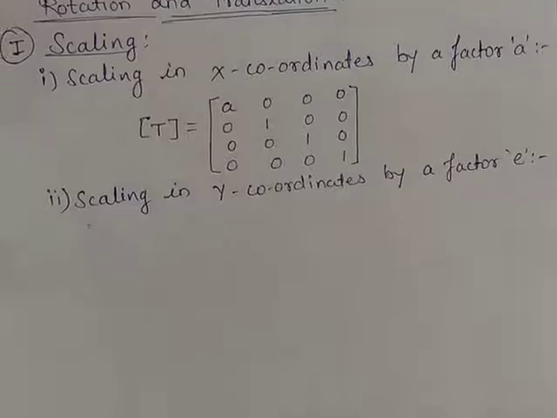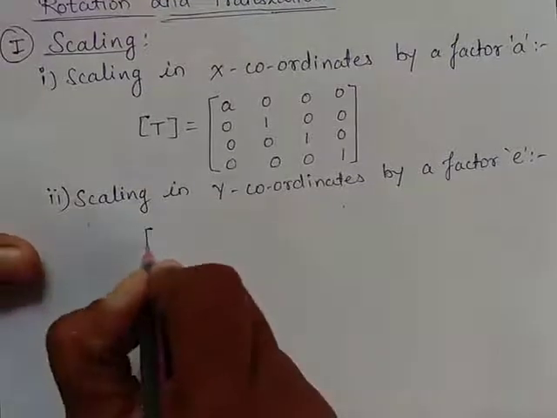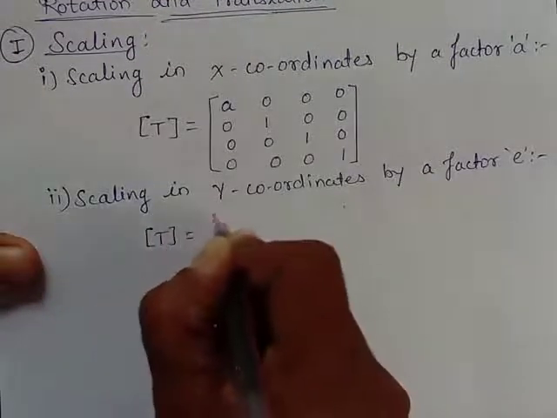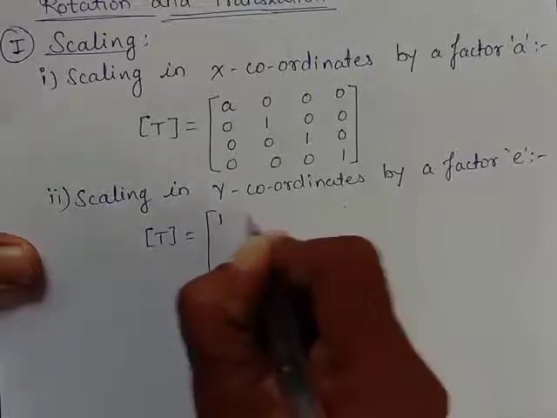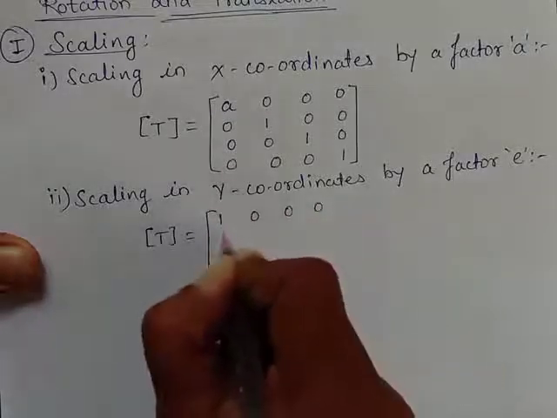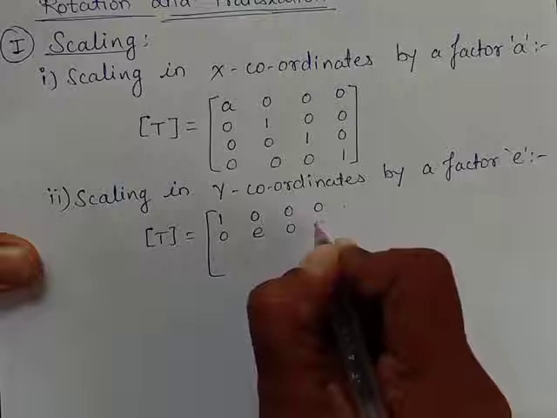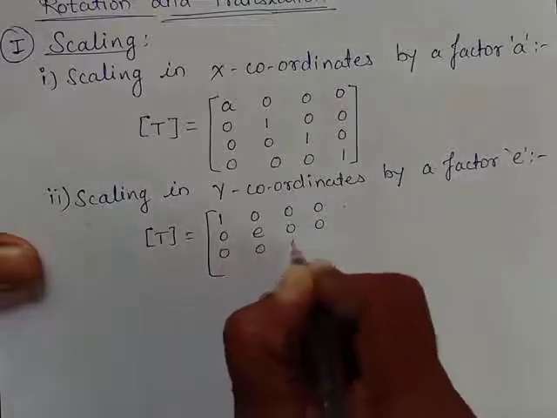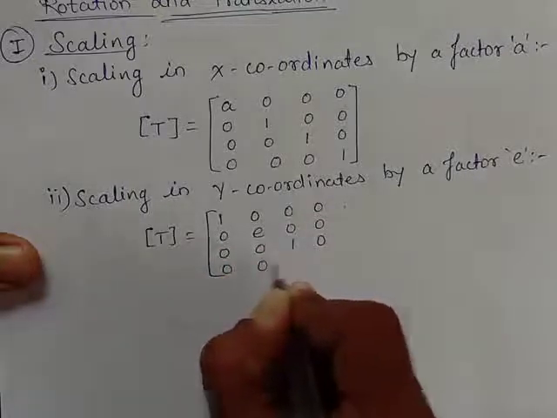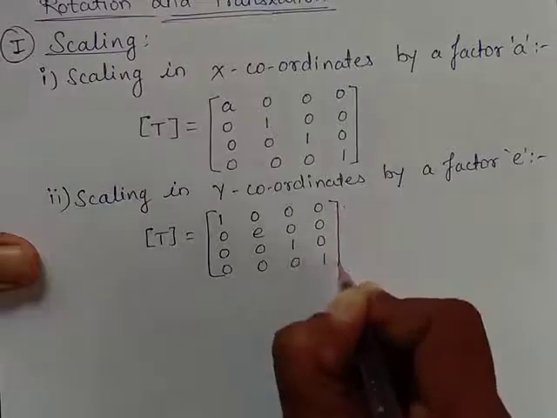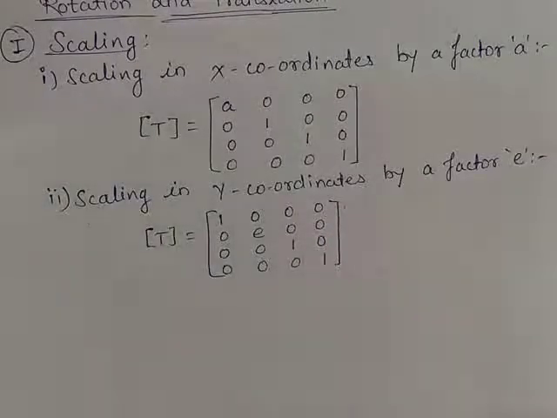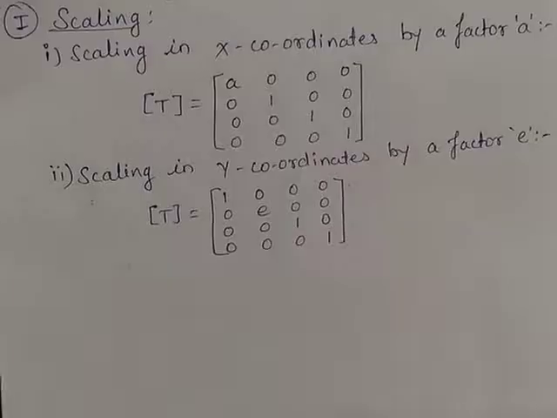Then what is the transformation matrix? T is 1 0 0 0, 0 e 0 0, 0 0 1 0, 0 0 0 1. This is the transformation matrix for scaling in the y coordinate by factor e.